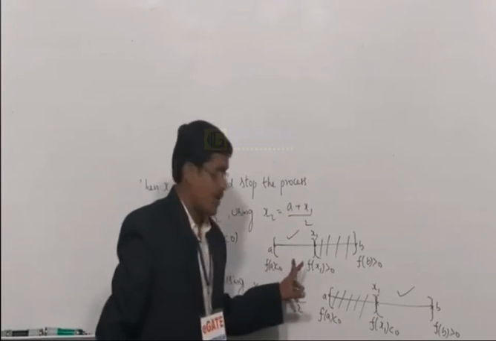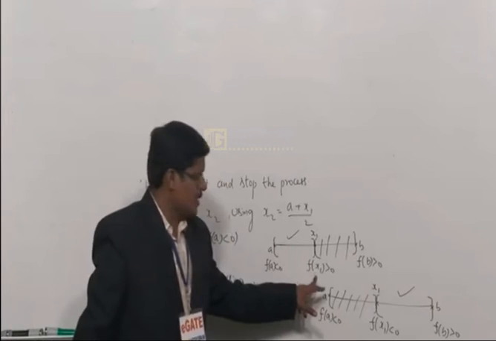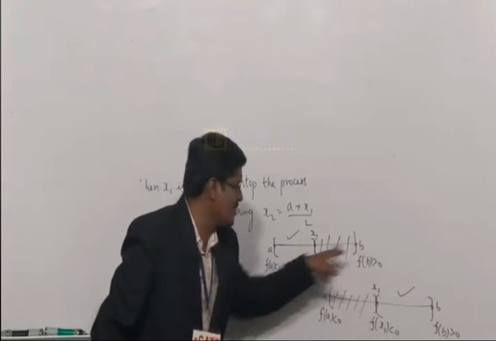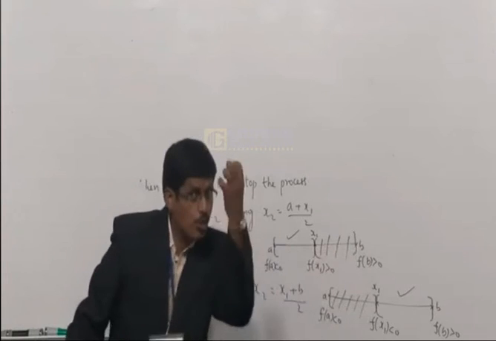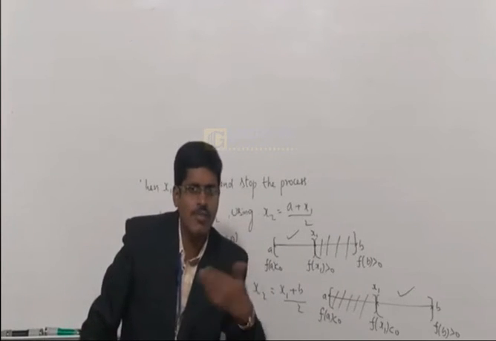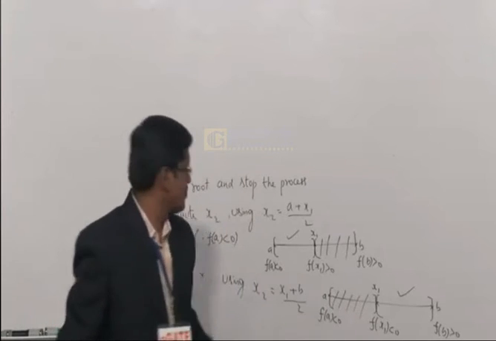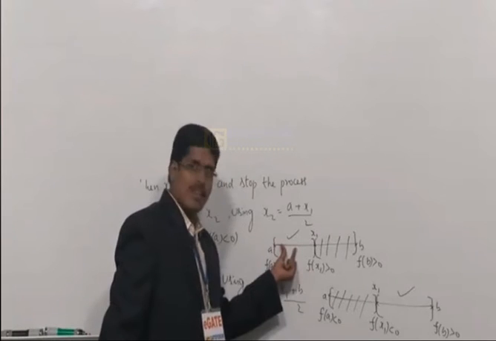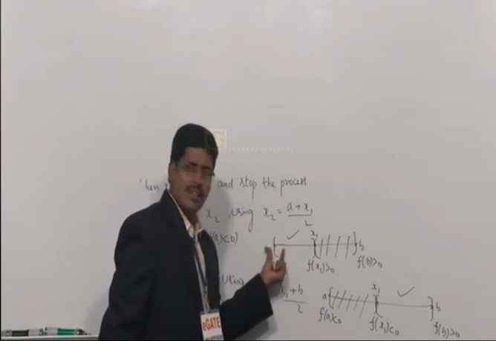I am going to explain here. In this case f(x1) is greater than 0. These two are of the same signs, so your final answer does not lie in this closed interval. I told you the closed interval, first iteration a and b, keeps reducing as we move step by step. Here f(a) is less than 0 and f(x1) is greater than 0, so in this step your x2 value lies between here.